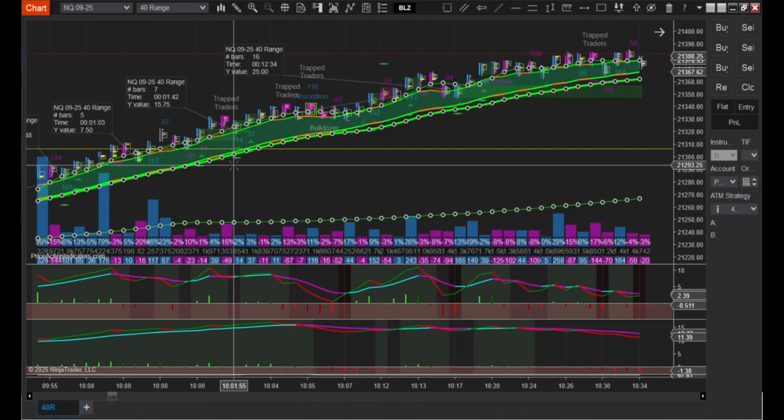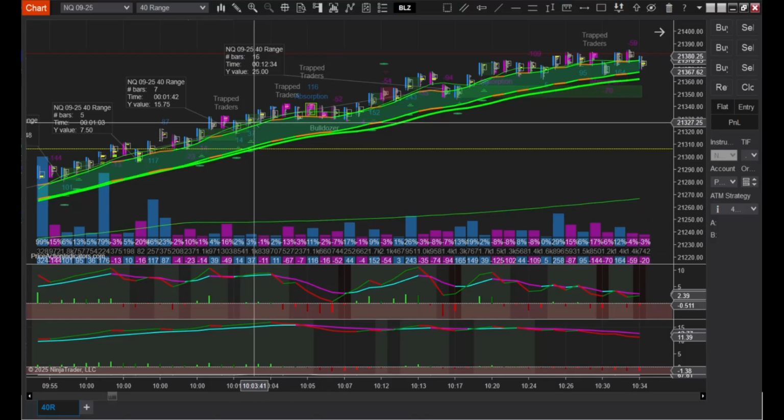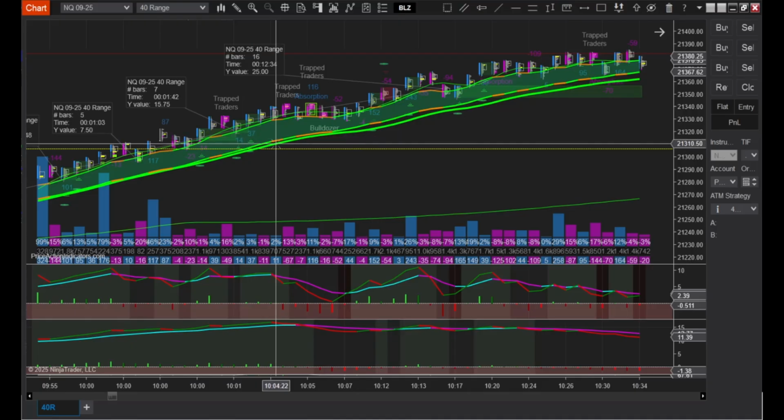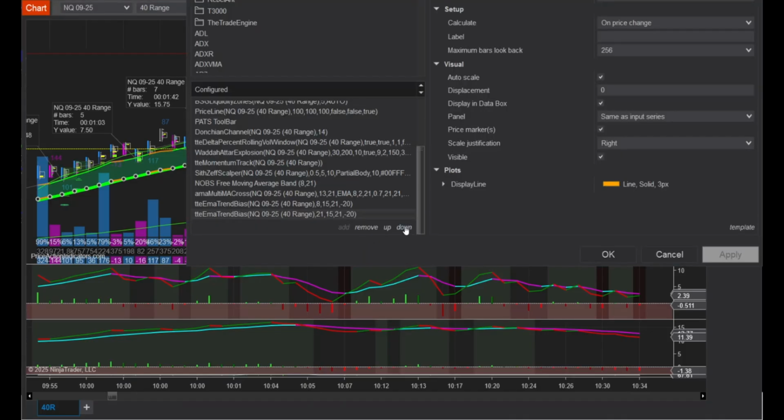Let me see if I can do this here. So since that's 1, I'll show you on the EMAs here what I end up doing. Properties. Here's my TTE EMA.